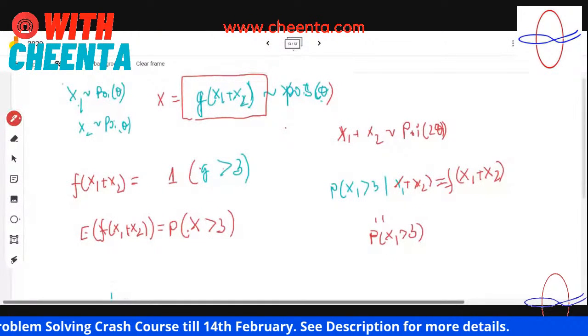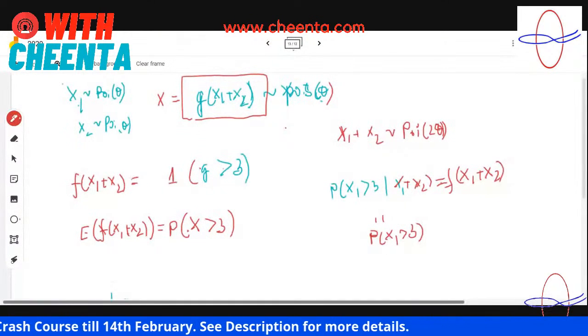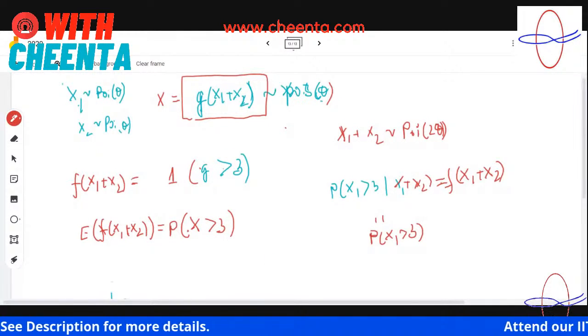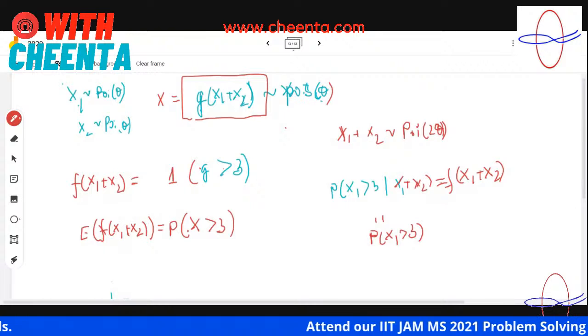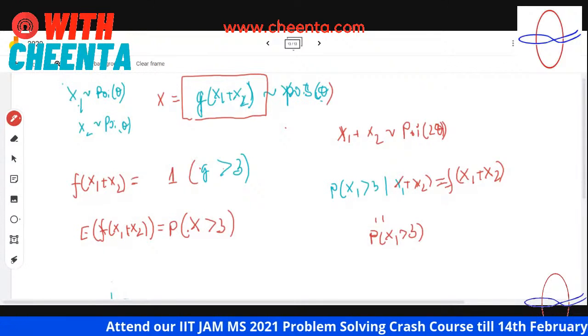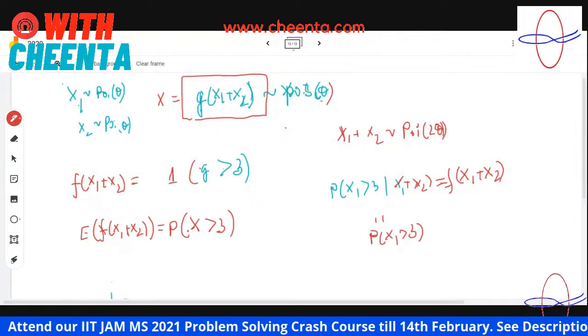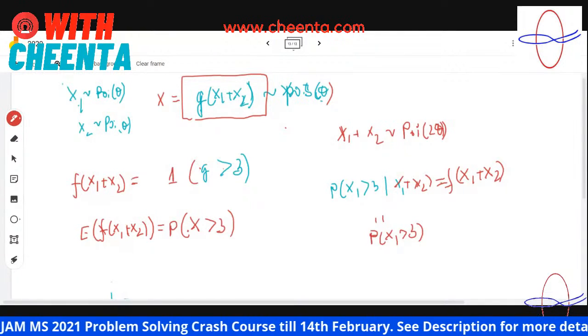So what is the indicator function over here? What is the G for you guys? Debargo, tell me the G. Tell me the G. Okay, Debargo.